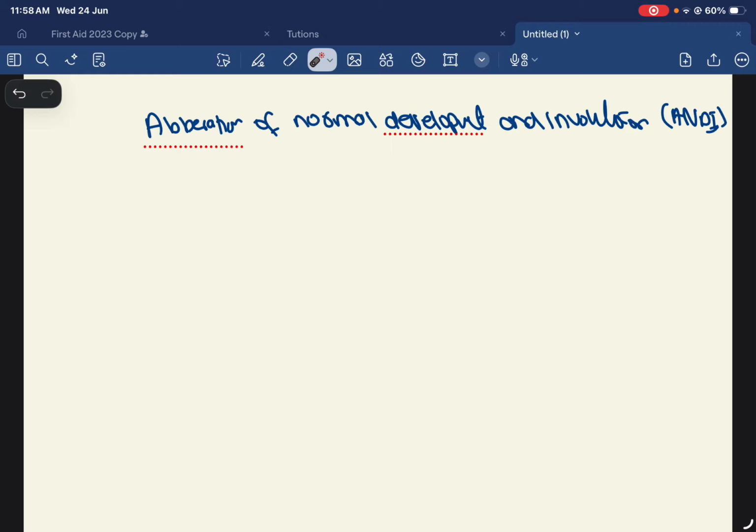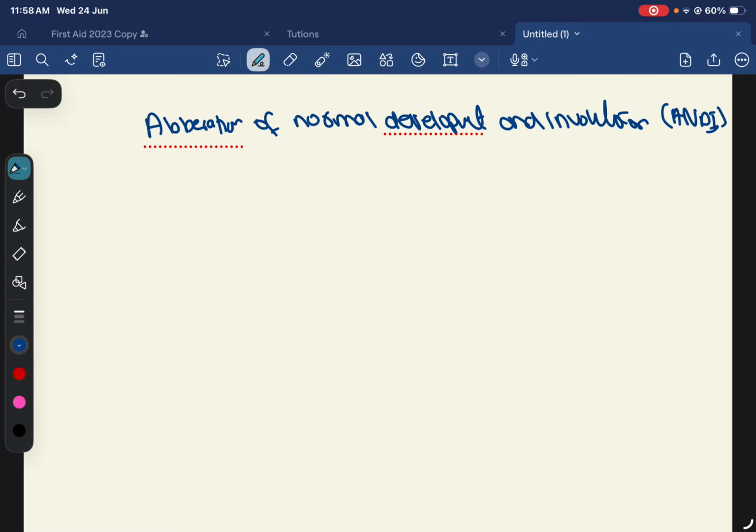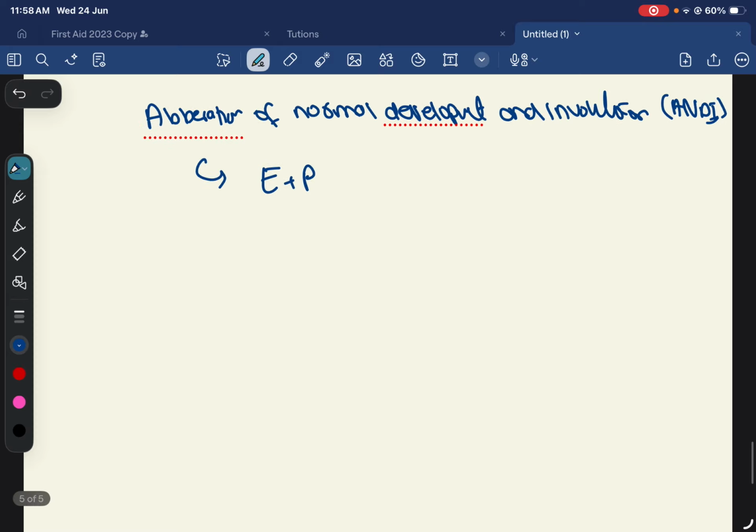It has been defined into 3 phases, but the reason behind these would be the cyclical changes of estrogen and progesterone. I've already mentioned that the terminal duct lobular unit is highly responsive to hormones. So it would be responsive to estrogen, progesterone, prolactin, and also growth hormone.